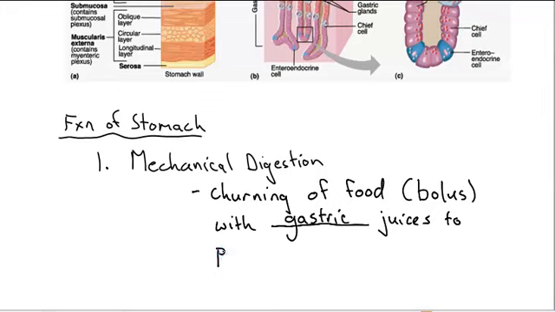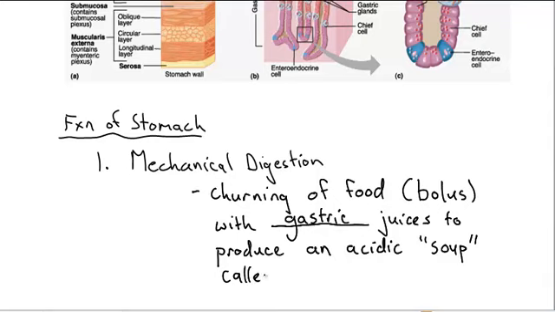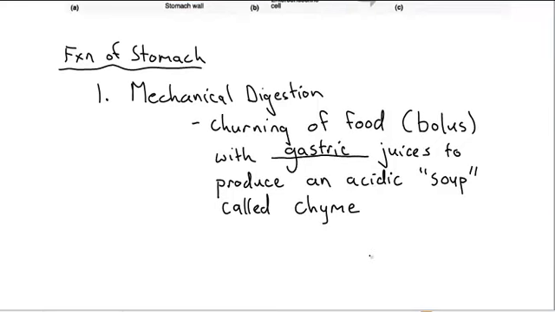To produce an acidic sort of soup called chyme. And this, again, if you have the misfortune of vomiting, this is what's coming up, chyme.